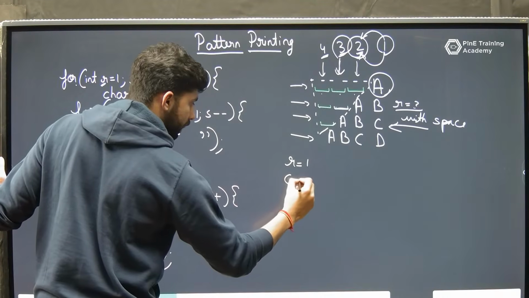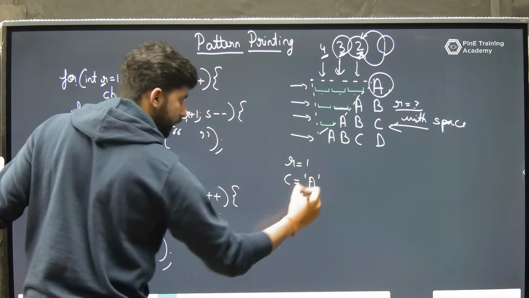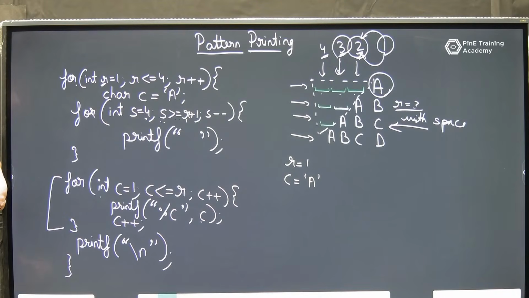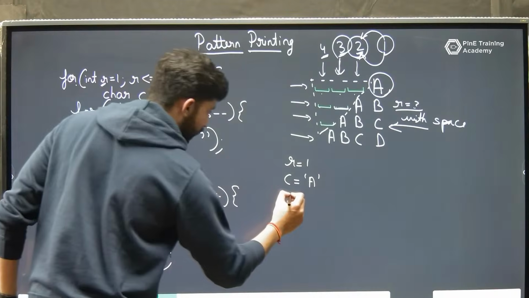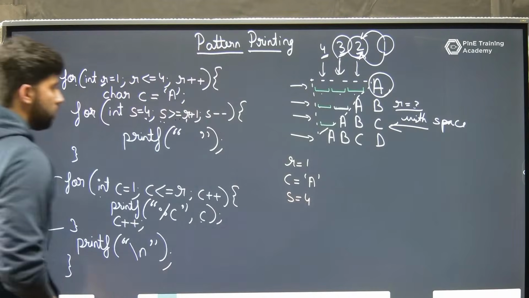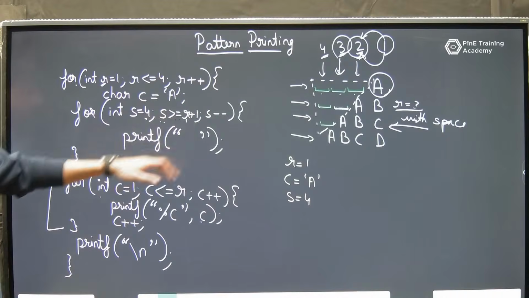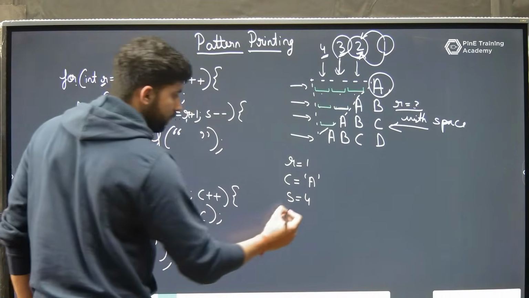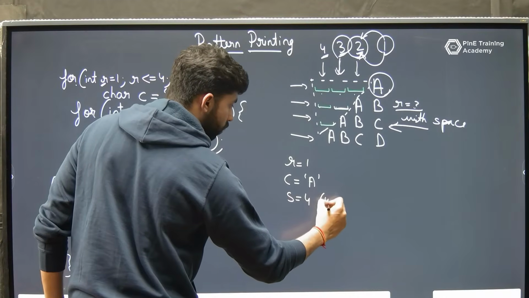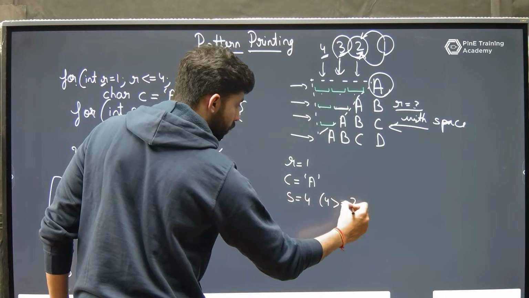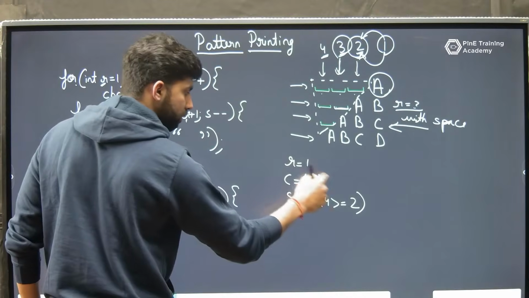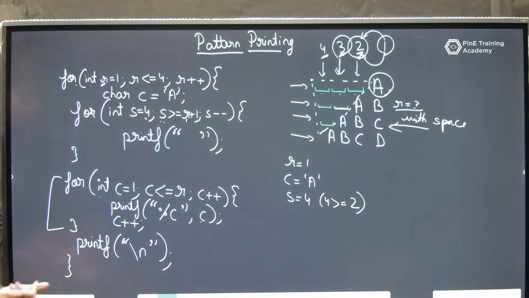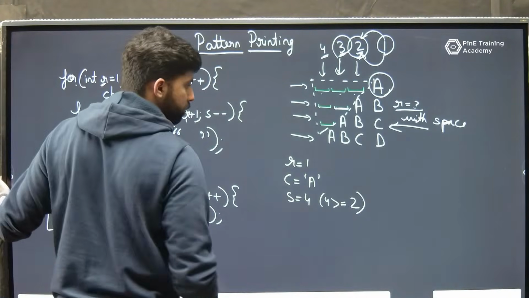We have a character starting with A. Then we have int s equals 4. We check if s is greater than or equal to r plus 1. That means we are checking 4 is greater than or equal to 2, r plus 1, where r was 1, 1 plus 1, 2. So this condition is true. So we will print a space.